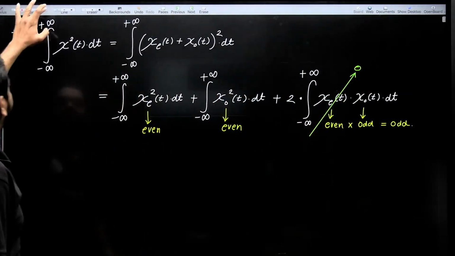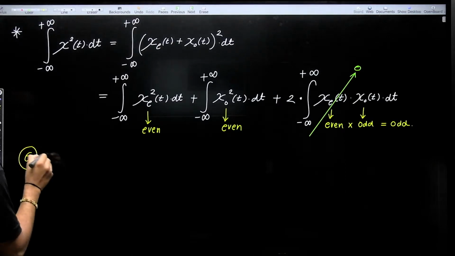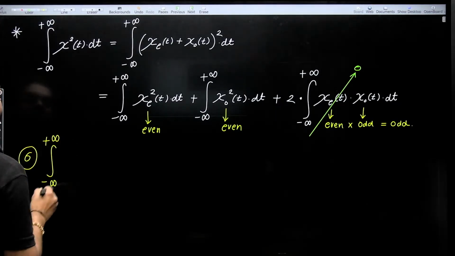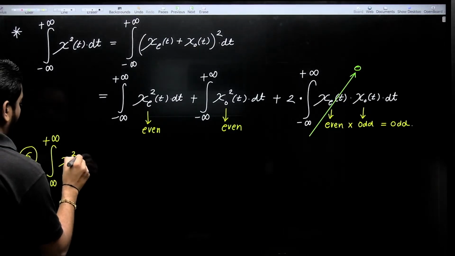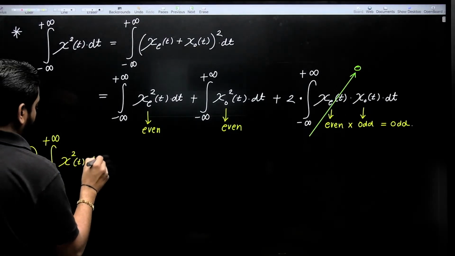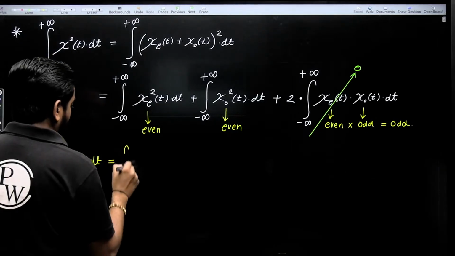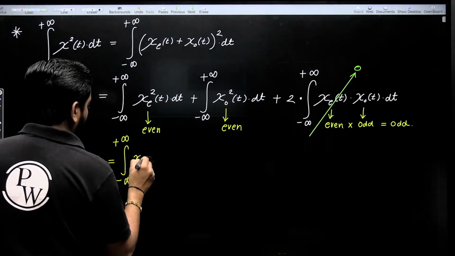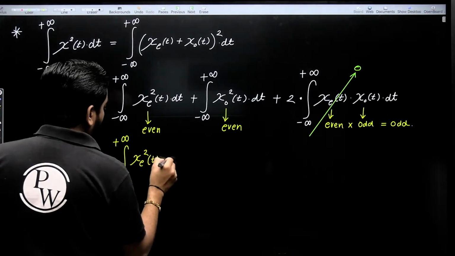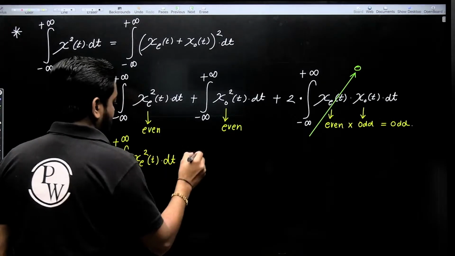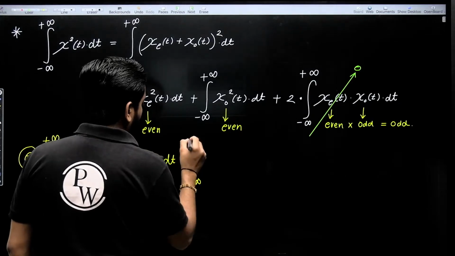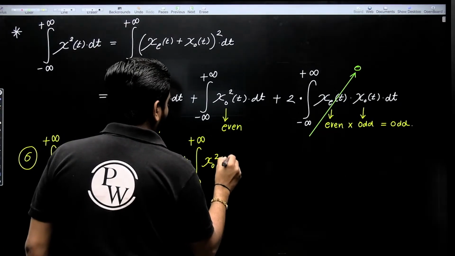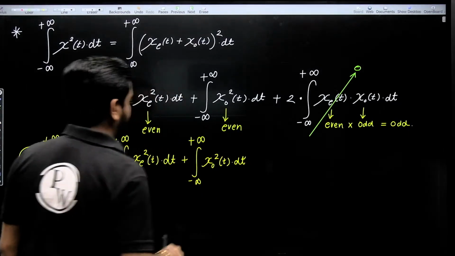So finally, result number 6 is the integration from minus infinity to plus infinity of x square of t dt, equal to the area of its even part square plus the area of its odd part square.